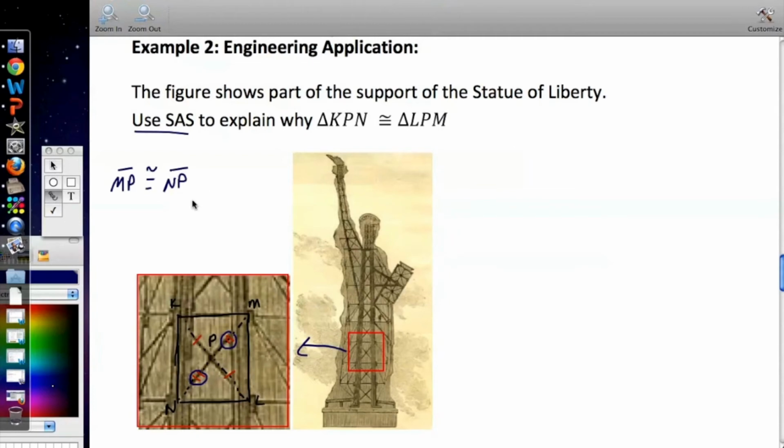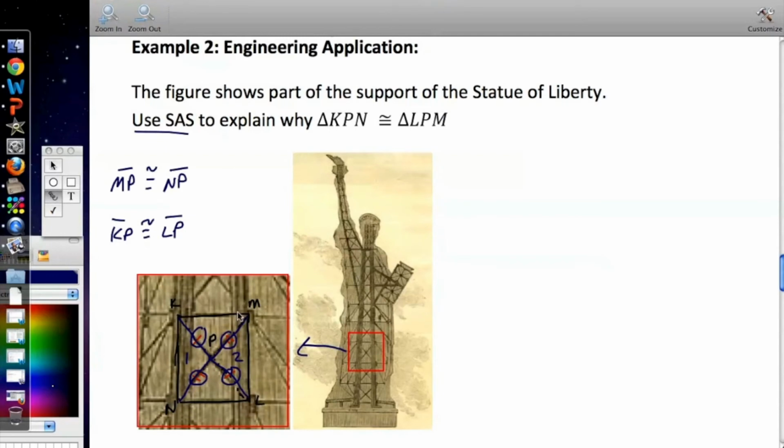And I can also say that side KP is congruent to side LP. Notice the triangles that I'm looking at are this one here and this one here. Okay, so this is going to be 1, this will be 2. Now, I could use side, side, side if I could find KN and ML.